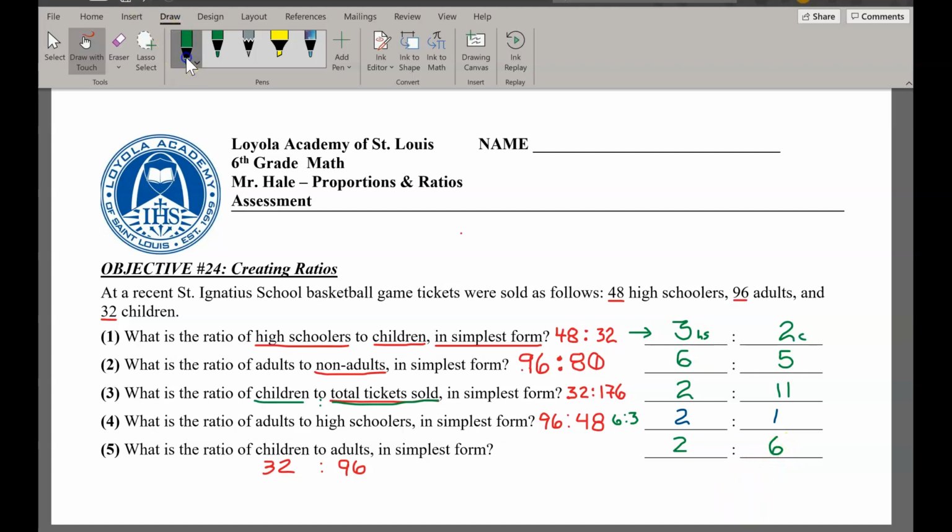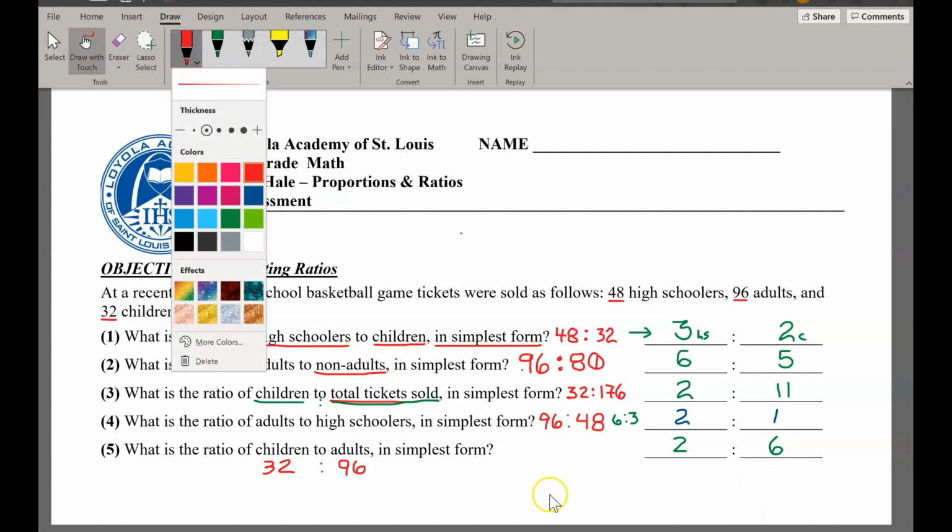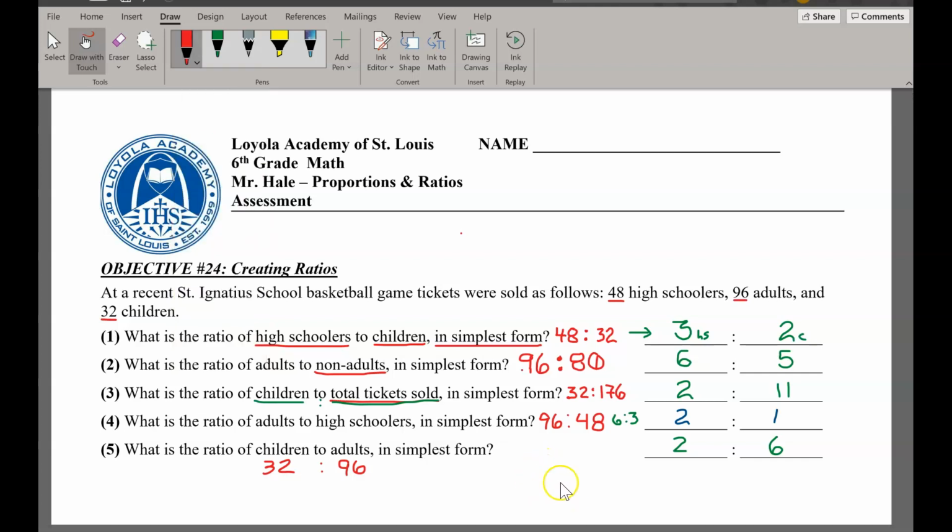Hold on. 2 and 6, those are both even. We can simplify this even further. What's 2 divided by 2? 1. And 6 divided by 2 is 3. So, our true ratio of children to adults is 32 to 96, but our simplified ratio is 1 to 3.